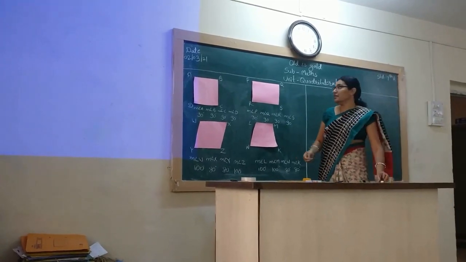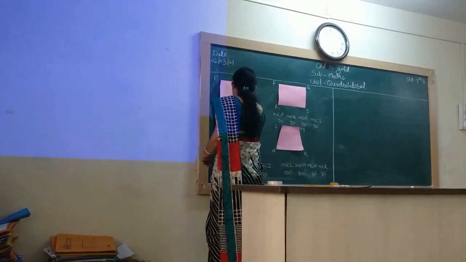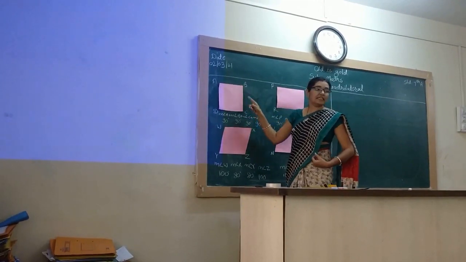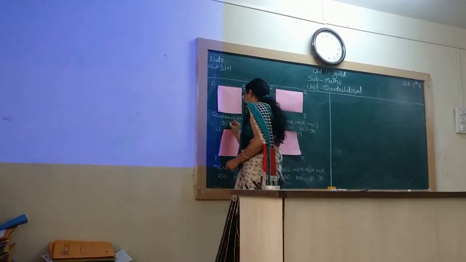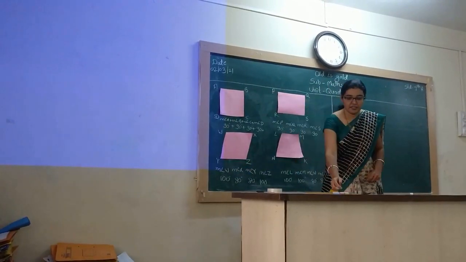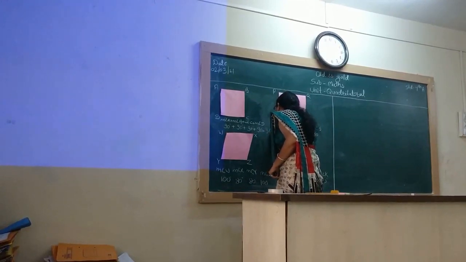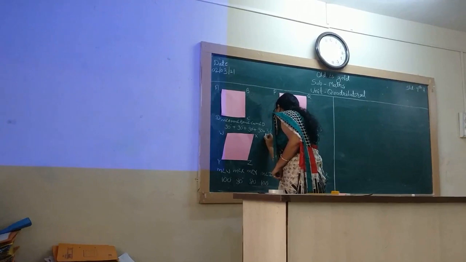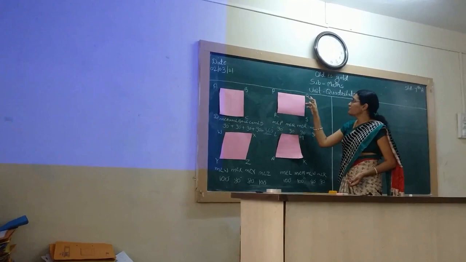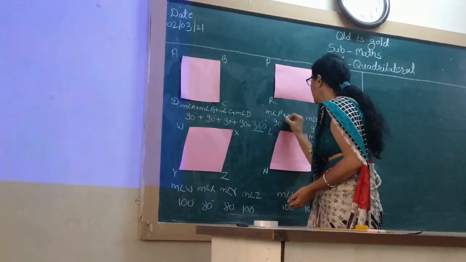Now we will do the addition of all these angles. When we add all these four angles A, B, C, D, then we will get the addition. What is the addition of these four angles? 360 degrees. Yes. Then when we add these four angles P, Q, R, S, what will be the addition? 360 degrees.